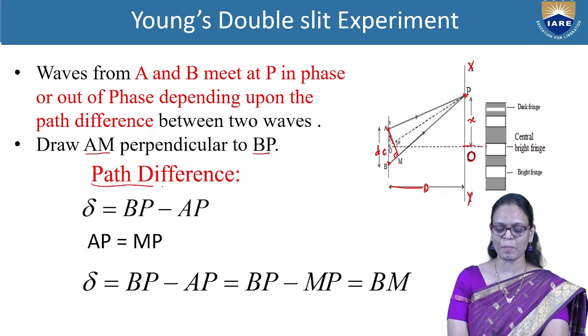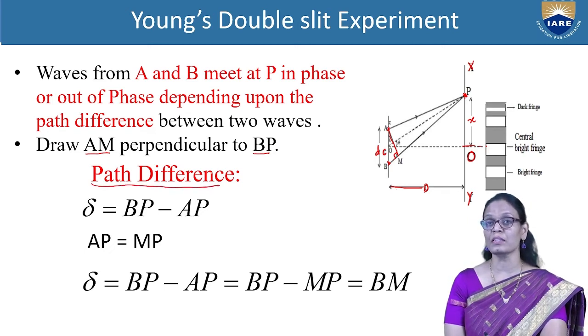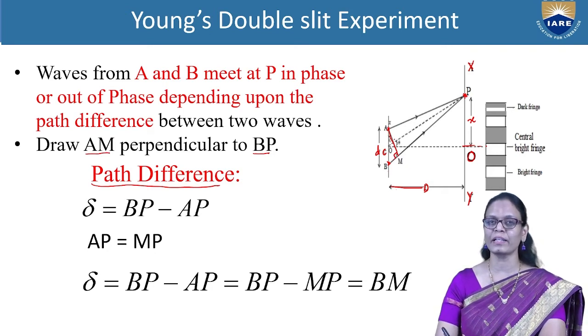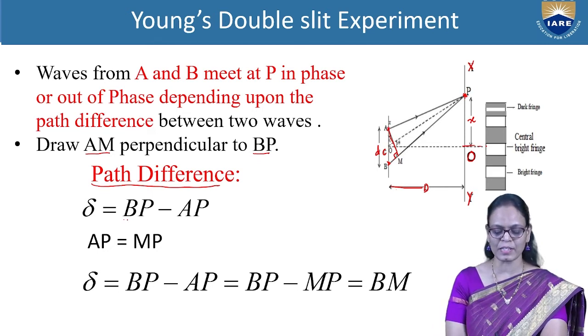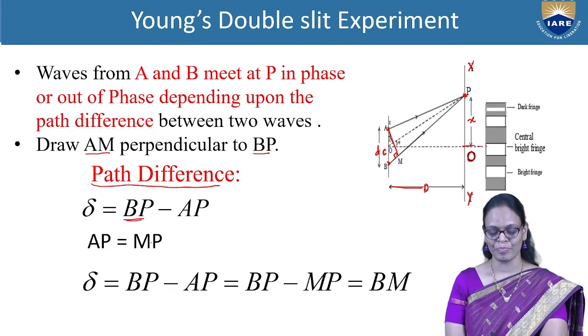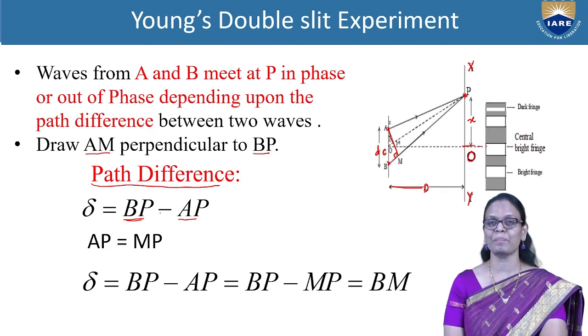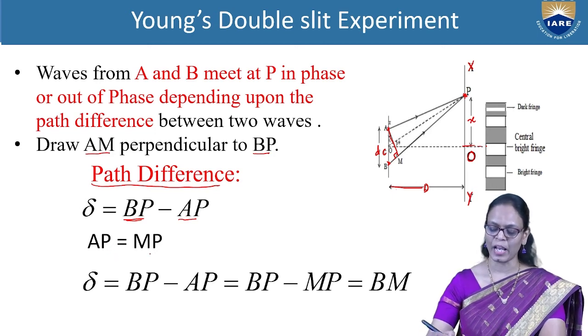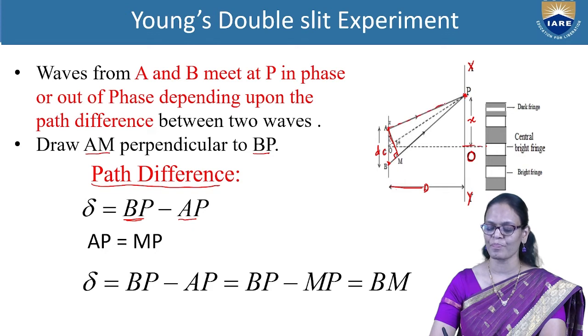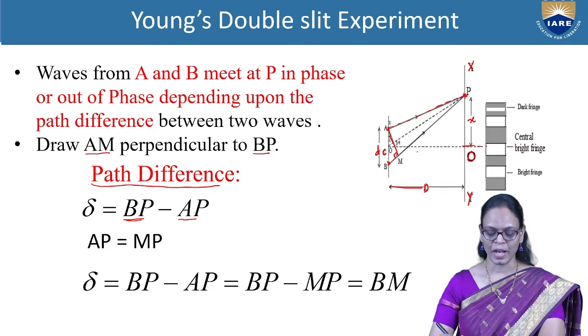Now if you have to calculate the path difference, meaning the difference in the path traveled by the two waves from A and B, how do we get it? Delta will be BP minus AP. BP is the length of the path traveled by the wave from B to the point P, and AP is the length of the path from the source A to the point P. Here this is the path AP and this is MP.